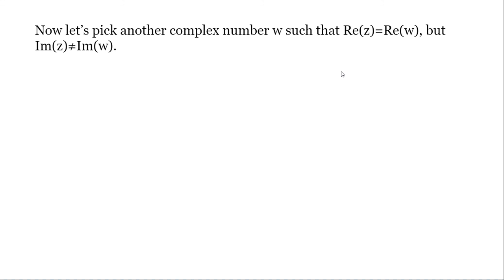Now let's pick another number, w, where the real part of w equals the real part of z. So they're going to have the same x value, but they're going to have different imaginary parts. So the y value that we plug into the partial derivatives will be different. So we know u(x) doesn't change since we're plugging in the same value for x. So the partial of u with respect to x at w is equal to c1.